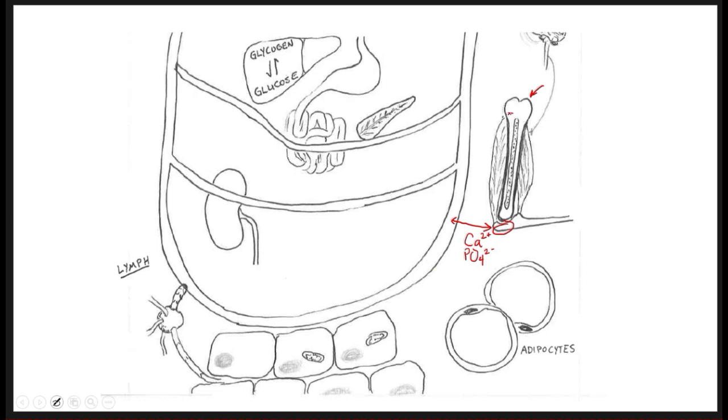At the ends of the bones, at least in the long bones, there are these growth plates. And there's also a bunch of red bone marrow. And both of those places is where mitosis occurs. So if mitosis occurs here in these growth plates, then the bones get longer.